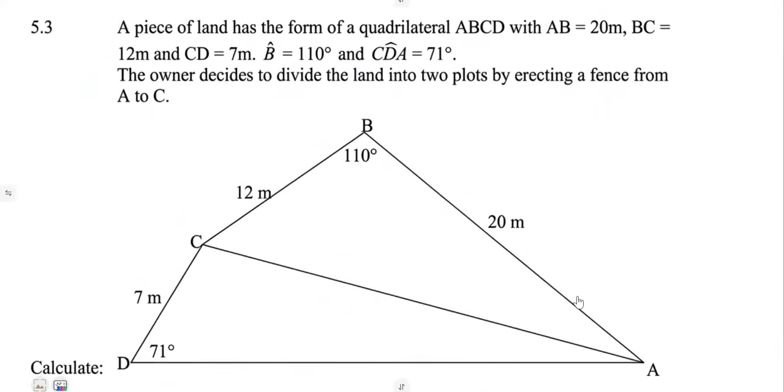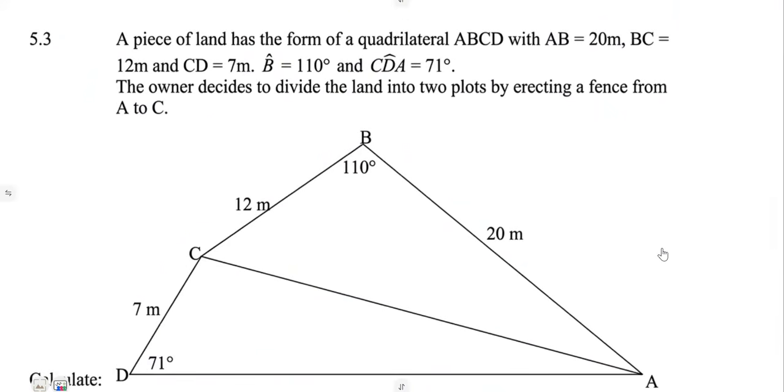All right. 5.3, which is we are given a piece of land in the form of a quadrilateral ABCD. This is the piece of land. Given AB as 20 meters, BC 12 meters, CD 7, angle B 110 here, and angle CDA is what? 71 degrees.